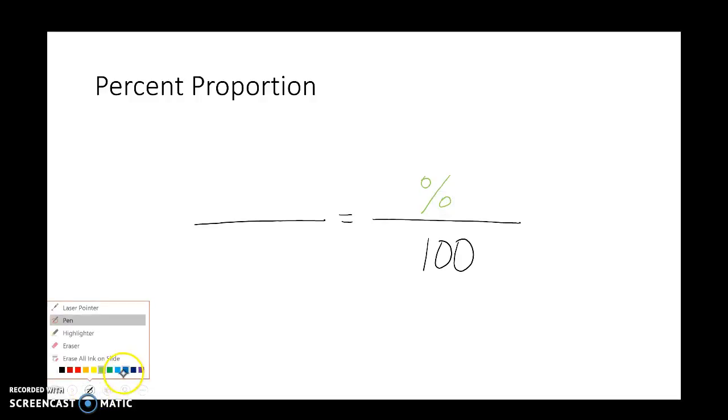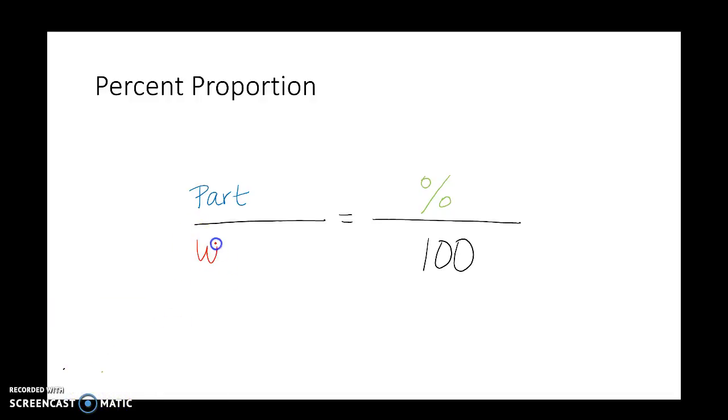And then on the left, you're going to be talking about part over whole. So for example, you could say 20 students like pizza best out of 100 students.